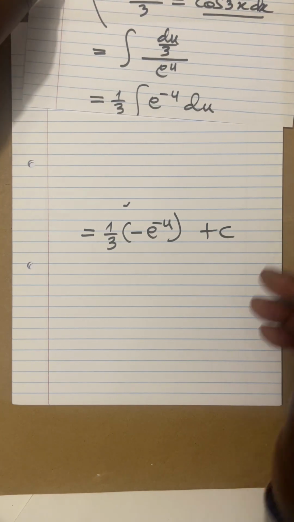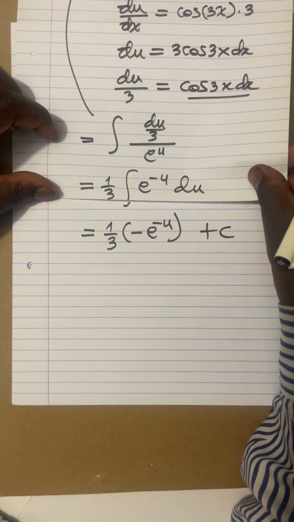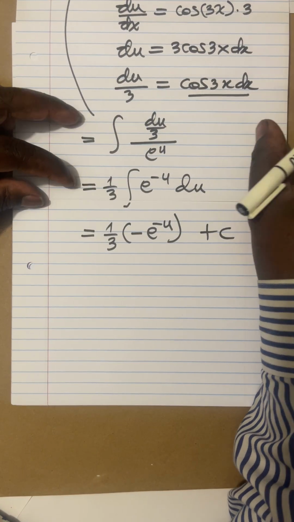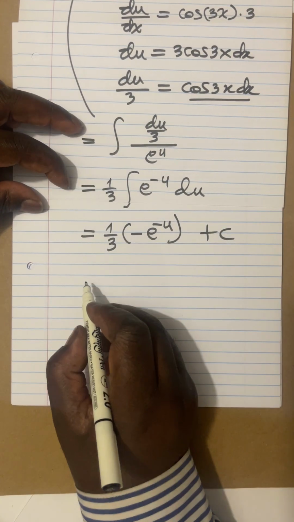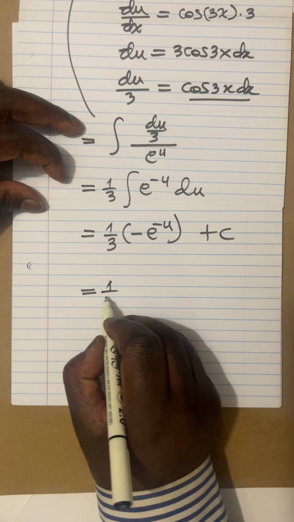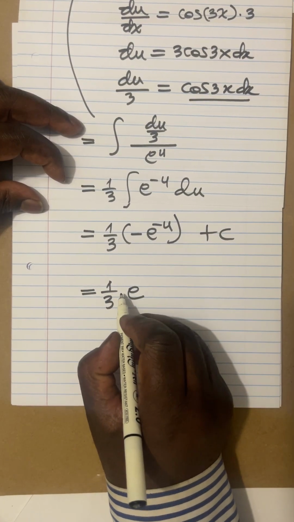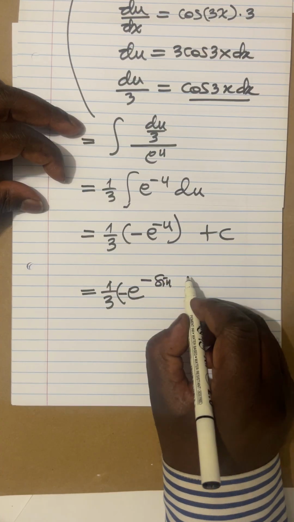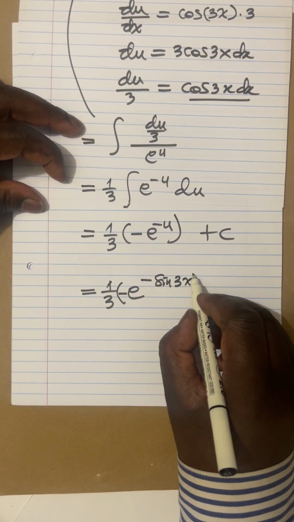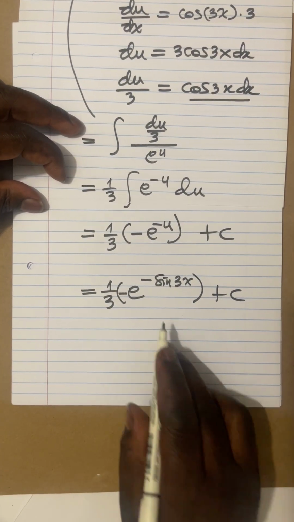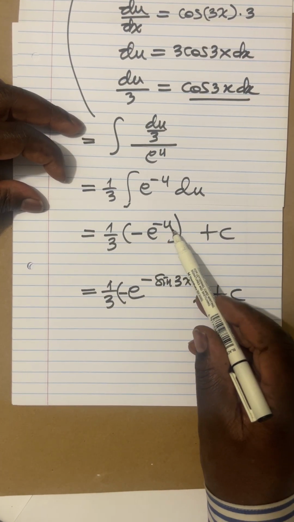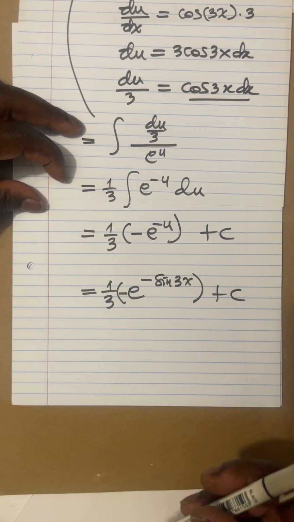So this will change to, if I come back here like this, 1 over 3 e to the power minus sine of 3x, plus c. And let's rewrite this expression, because remember, minus e to the power minus u is sine 3x, like I showed you.